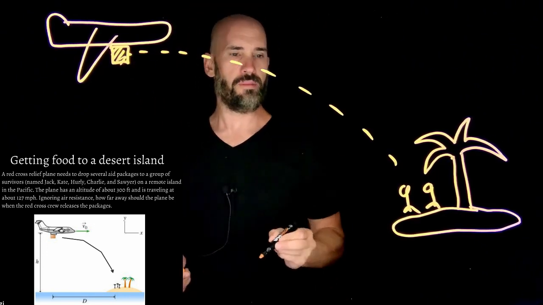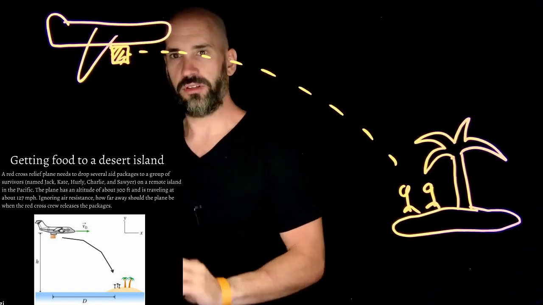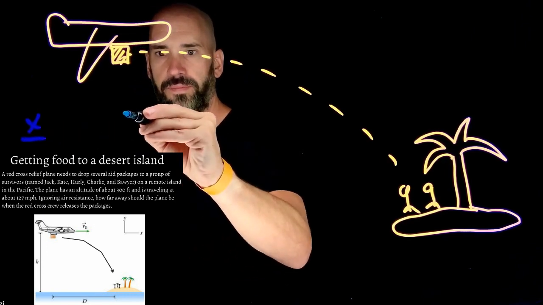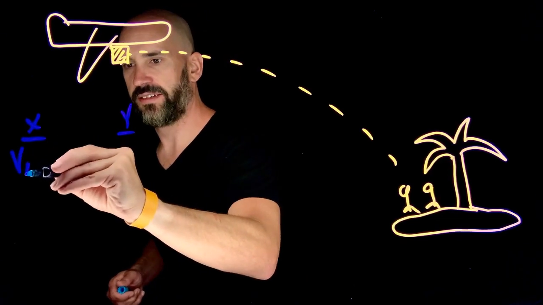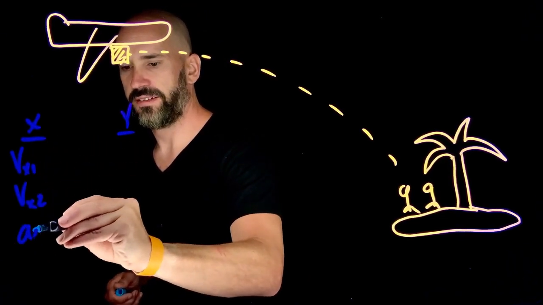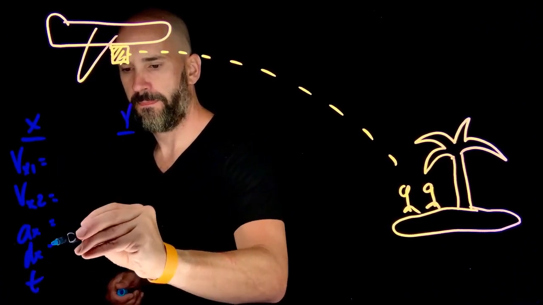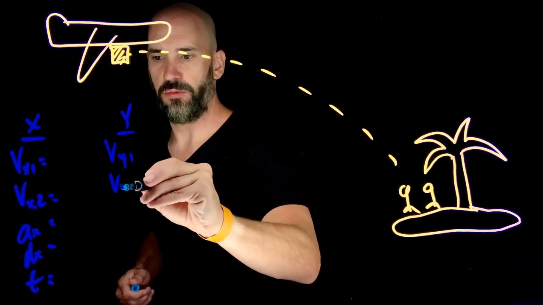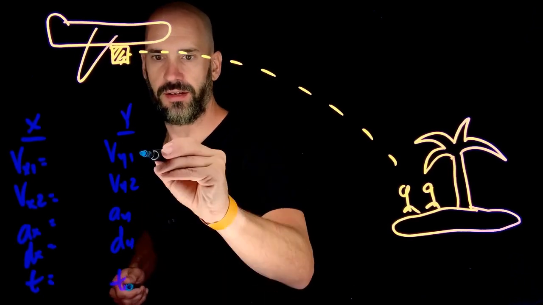Okay, I'm gonna write my two laundry lists right here. So we have X and Y. Okay, and we have a Vx1, a Vx2, an ax, a dx, and a time. And we have a Vy1, a Vy2, an ay, a dy, and a t.